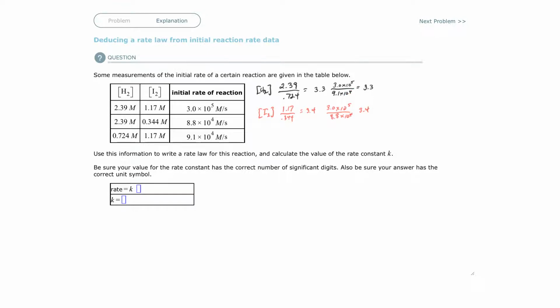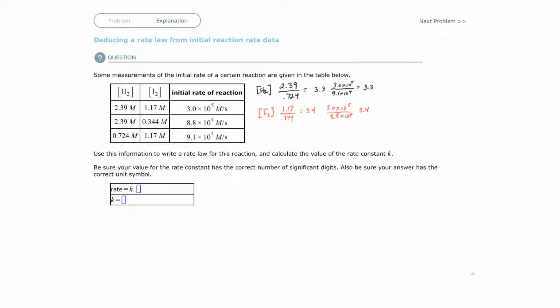It's got one less decimal place. So it's almost 10 times smaller than the other one. It's actually 3.3 times smaller. So I took 3.3 times 10 to the 5, that was the first rate, then divided by 9.04, that's the second rate. And I also got 3.3.